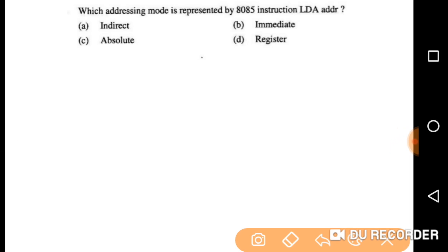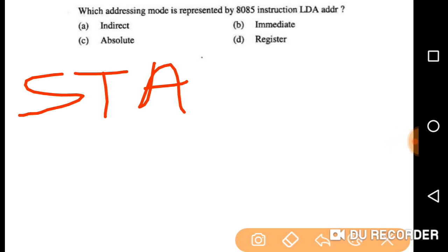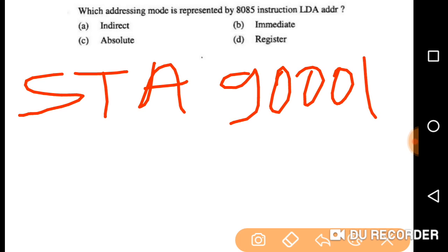So I think now we can solve the problem. Which addressing mode is represented by the 8085 microprocessor instruction LDA? I already discussed STA. STA means store the content of the accumulator at a memory location, suppose 9000H. LDA performs the opposite of this.